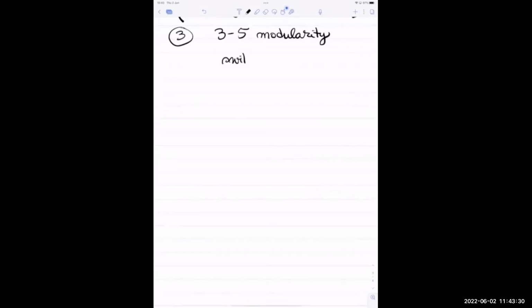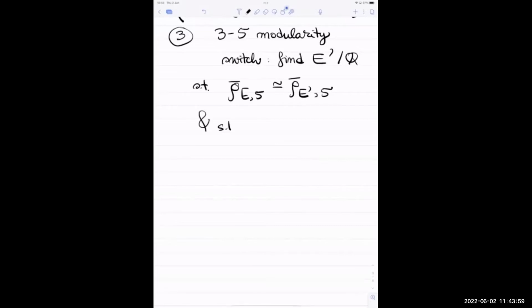And the idea here is to find a different elliptic curve, which is also a rational elliptic curve, such that the mod 5 Galois representations of these two elliptic curves are isomorphic. So showing that one of them is modular will tell you the other one is modular, and such that the mod 3 representation associated to E prime has large image.